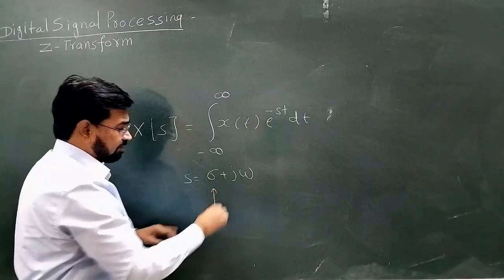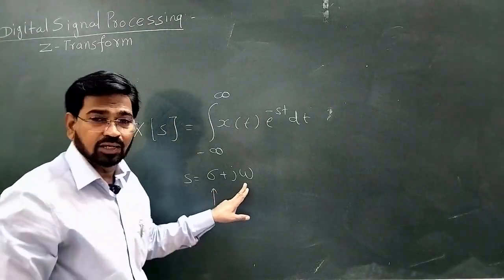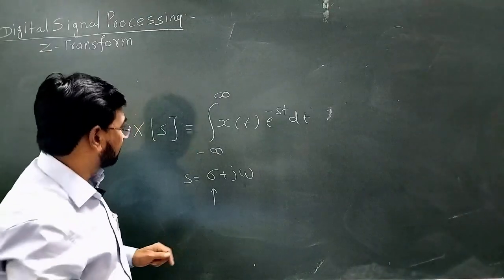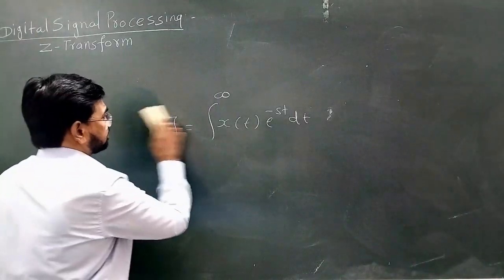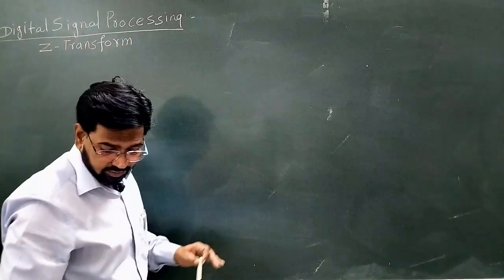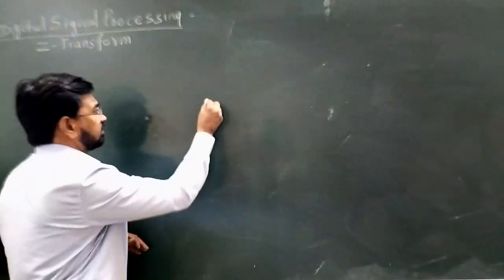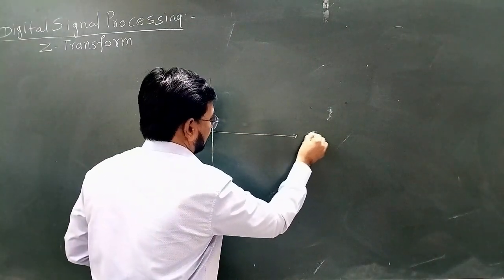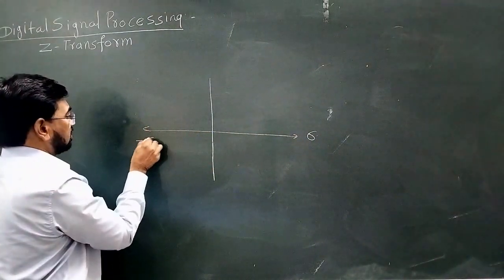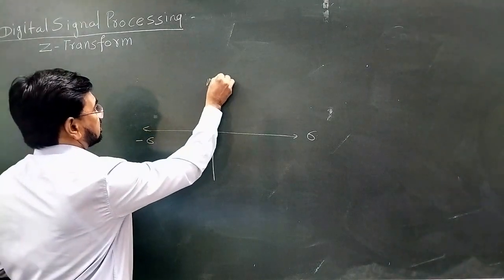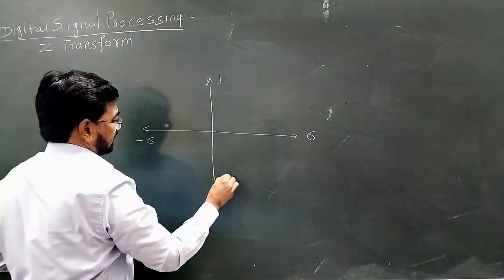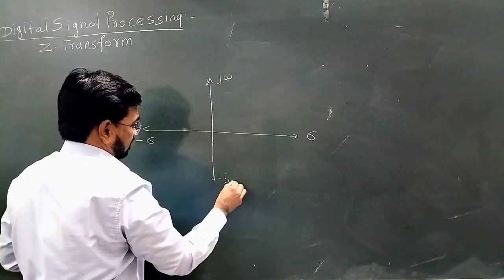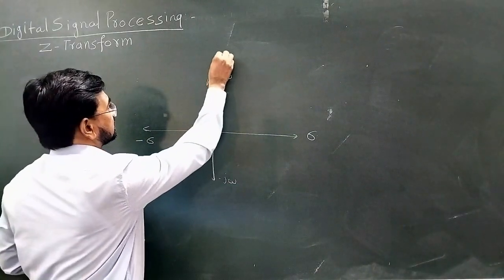Sigma is the real part and omega is the angular frequency, which is the imaginary part, and the system behavior is described on the S plane. So, it is sigma and minus sigma on the real axis, and j and minus j, or you can say j omega, on the imaginary axis.